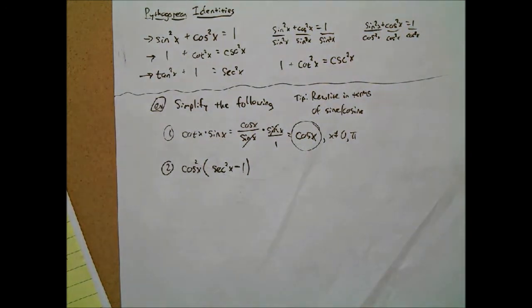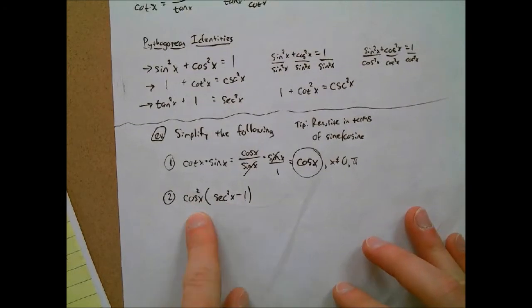Cosine squared x times secant squared x minus 1. Okay. So, well, again, now we see some squares show up.